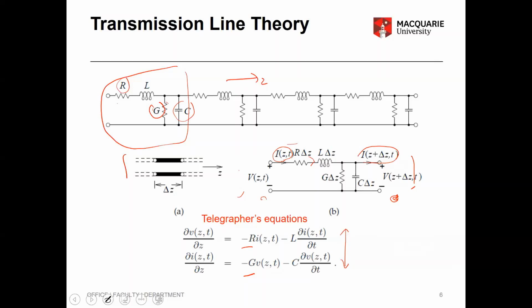If you apply it at each delta Z segment, then you can work out from the input V(z), I(z), what V'(z), I'(z) is at the output. In doing so, we will use some of the physics, but our intention, as I said before, is not to go through this physics, but to find the outcome.